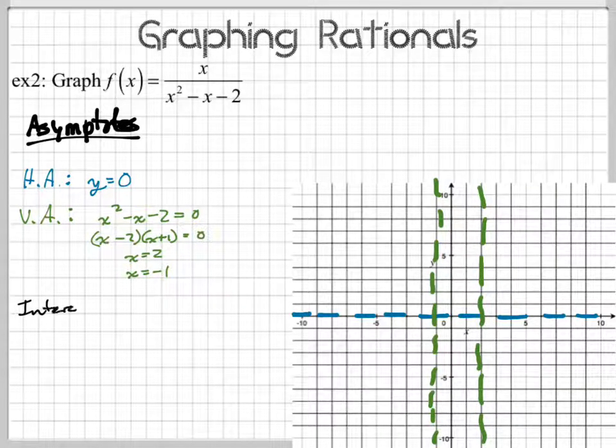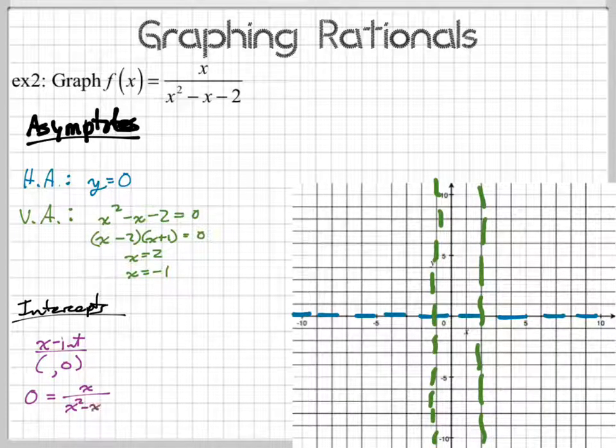Got to start finding some points here so we know what our graph is going to look like. Now to find those intercepts, we're going to plug in zeros. So to find our x-intercept, we're going to plug in 0 for the y. So I plug 0 in for the y, and then I have x over x squared minus x minus 2.